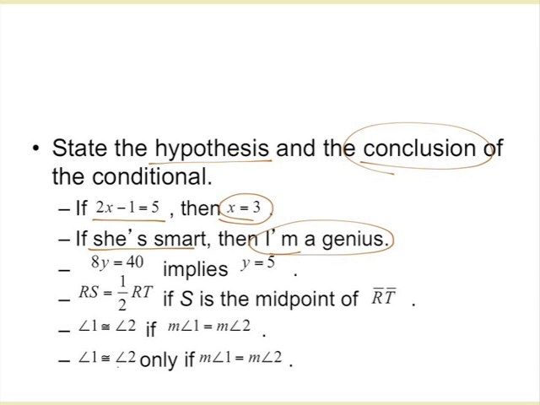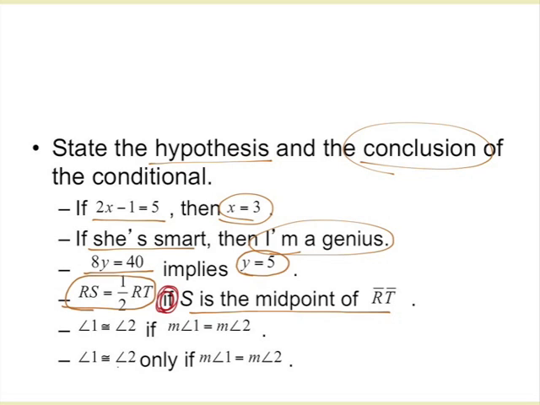Implies, that one comes in the normal order. So our hypothesis comes first and then our conclusion. Next one, RS is 1/2 RT if S is the midpoint of RT. That's got that danger in it where it's just the word if in the middle there. So this is the one that comes backwards. S is the midpoint of RT is the hypothesis.